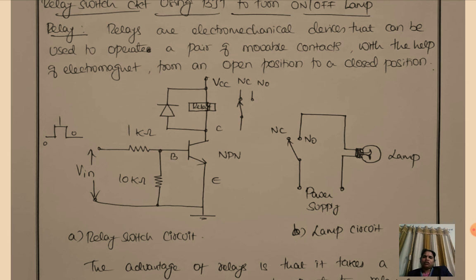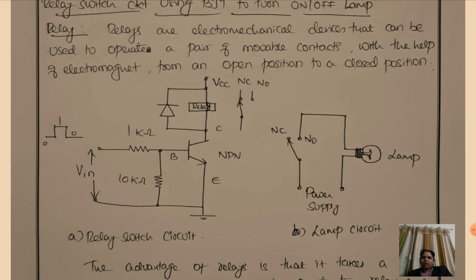So if there is a flow of collector current across the collector terminal where the relay is connected, the relay coil will get energized and it will make the contact move from the normally closed position to the normally open position. Once the contact is moved, it acts as a closed circuit. Thereby the lamp will switch on, that is, it will turn on.